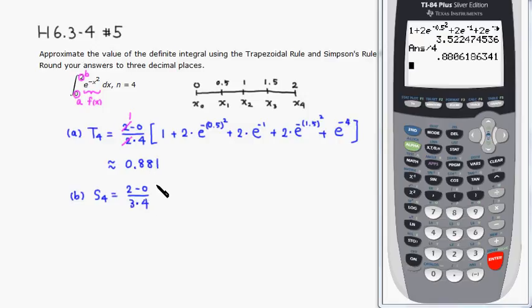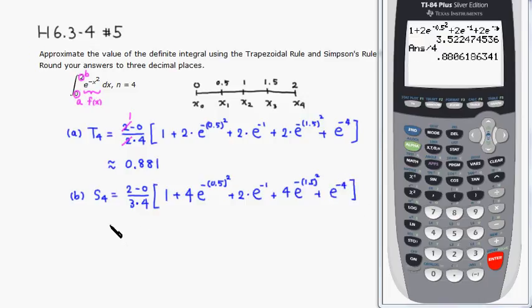Then we have 1 plus, instead of 2, it starts with 4, e to the negative 0.5 squared, plus 2 times e to the negative 1, plus 4 times e to the negative 1.5 squared, plus e to the negative 4.